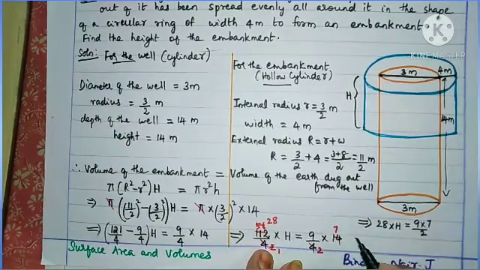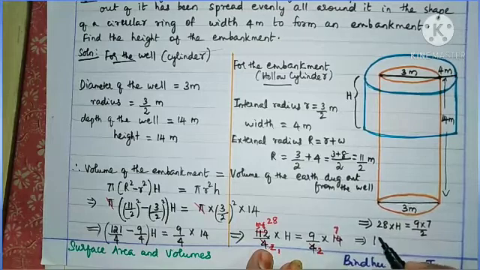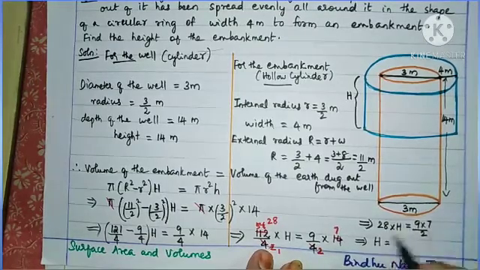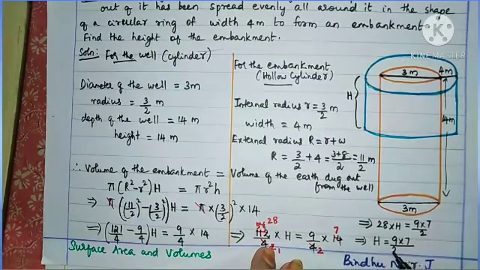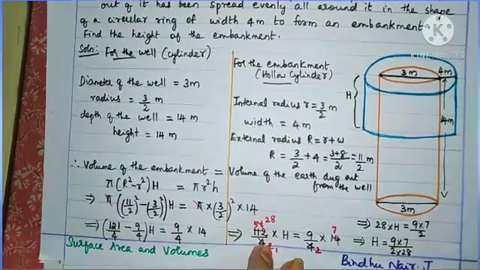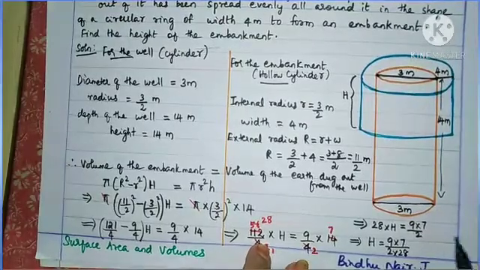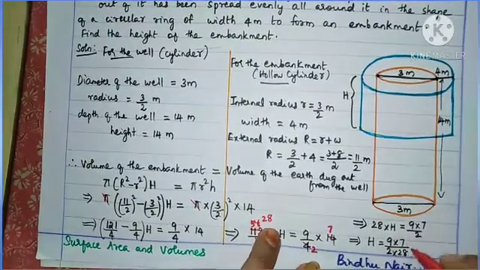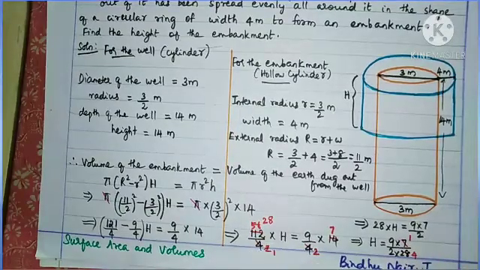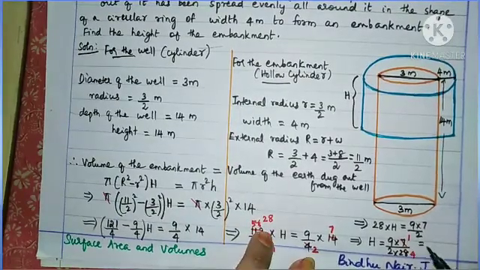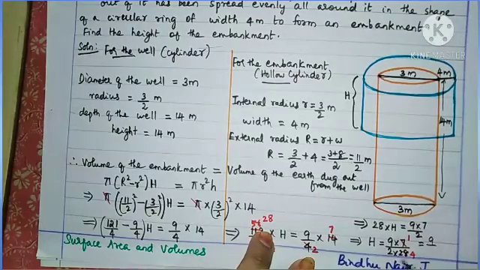This implies h is equal to, we can take this 28 to this side, so it becomes division: 9 into 7 by, here already one 2 is there, this 28 will come in the denominator. Now we can cancel again this 7 and 28. 1 7 is 7, 4 7s are 28, so what is the answer? 9 by 2 into 4 is 8.